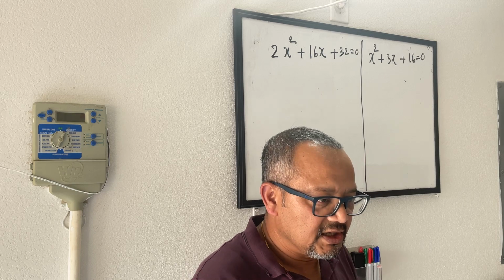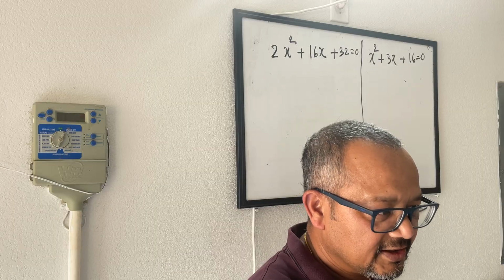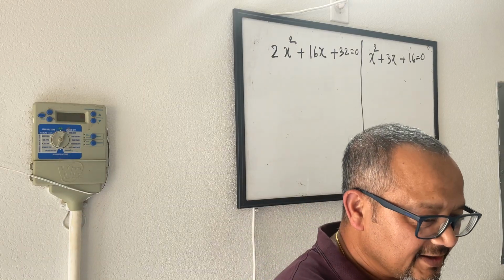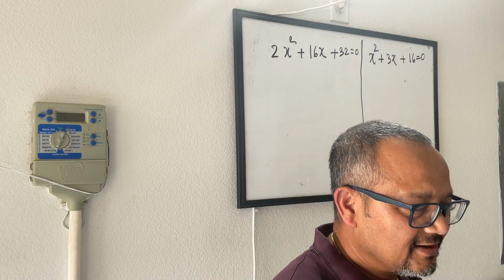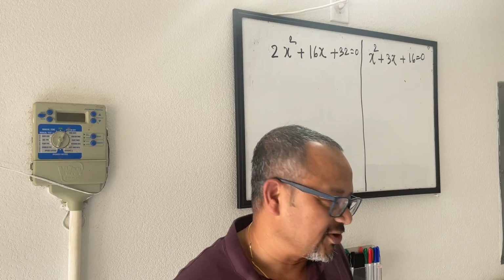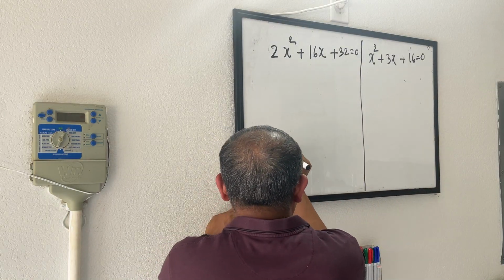Anybody? Riya, Neil, Sarah, Vishwa, Ananya. I'm sorry, beta. What's the formula? The formula is b squared minus 4ac. So this is something that you will have to remember, okay?